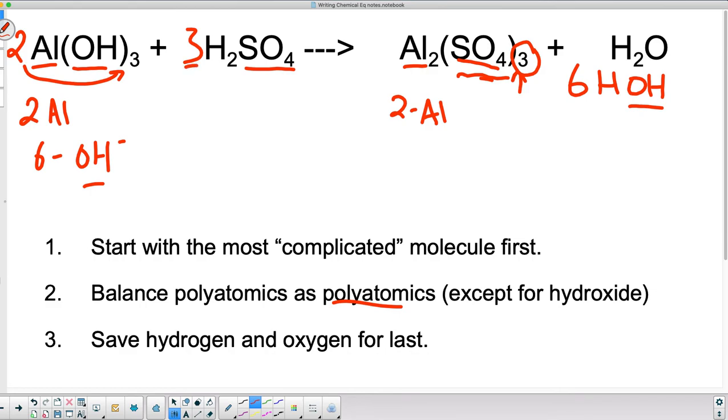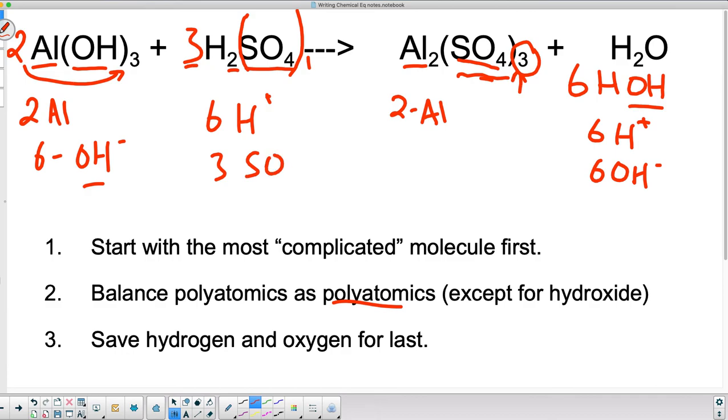Notice that I have 3 times 2 for hydrogens, so that gives me 6 hydrogens. Over here, I have 6 hydrogens and 6 OHs. Okay, so now I have 3 times 1, because if there's no parentheses, then it looks like that. 3 times 1 gives me 3 SO4s. And over here, I already have 3 SO4s because of the 3 there.